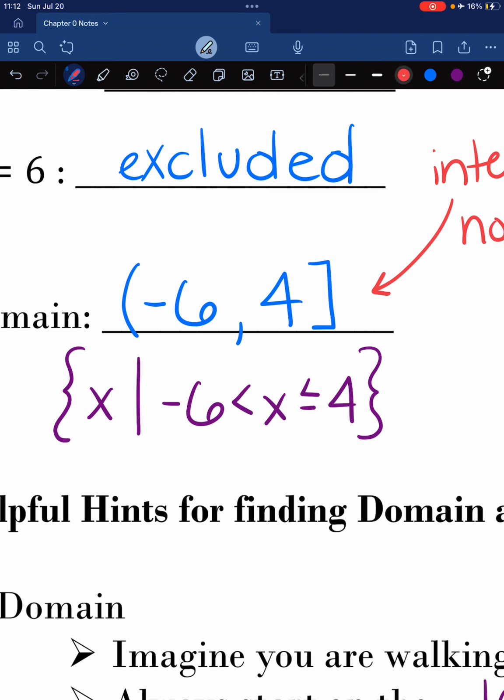And we use those inequalities where this first inequality says that I cannot equal -6, but the second inequality says I can equal 4, right?